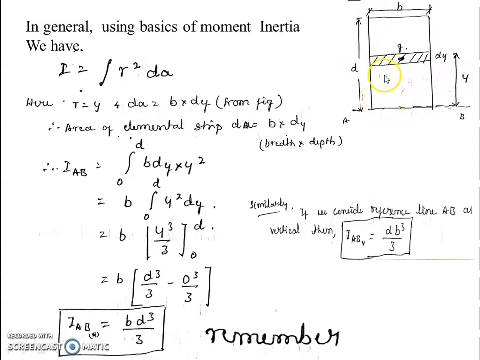Then this strip varies like this from 0 to B. Therefore, the moment of inertia with respect to AB vertical is equal to d b cubed by 3. If horizontal, then it is d cubed. Here, if we take vertical, then it will become b cubed. This is the only difference. Moment of inertia with respect to AB, if it is vertical, then the equation becomes d b cubed by 3. This one also you have to remember.